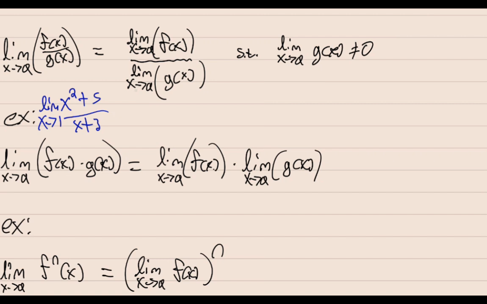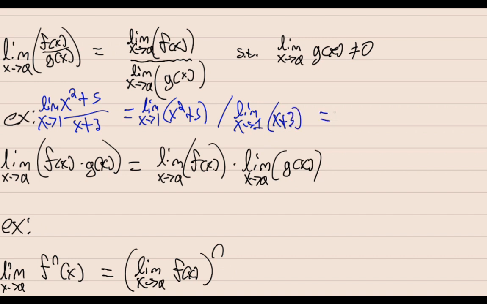So we take the limit of x squared plus 5 over x plus 3 as x goes to 1. Well, we can just look at the separate limits, as long as they exist, of x squared plus 5 divided by x plus 3.